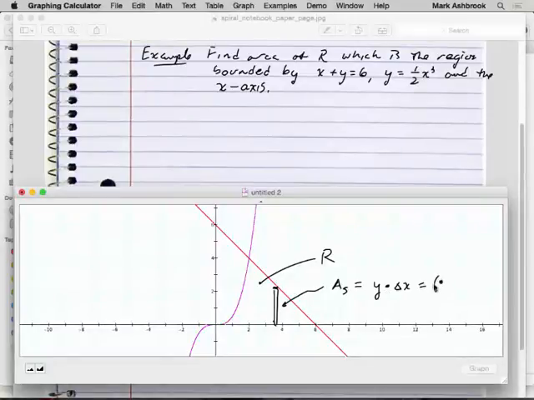And is that y coordinate 6 minus x? So I do the same thing I did before. I draw my typical strip. The height is going to be the y coordinate of this red graph, 6 minus x, times the base, or the width of it, delta x.